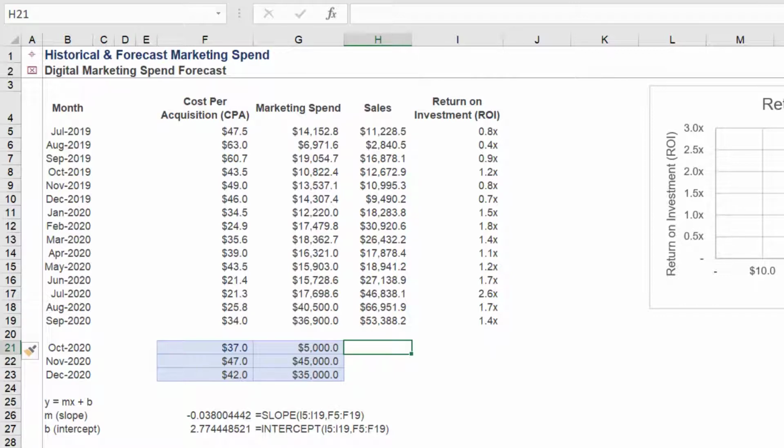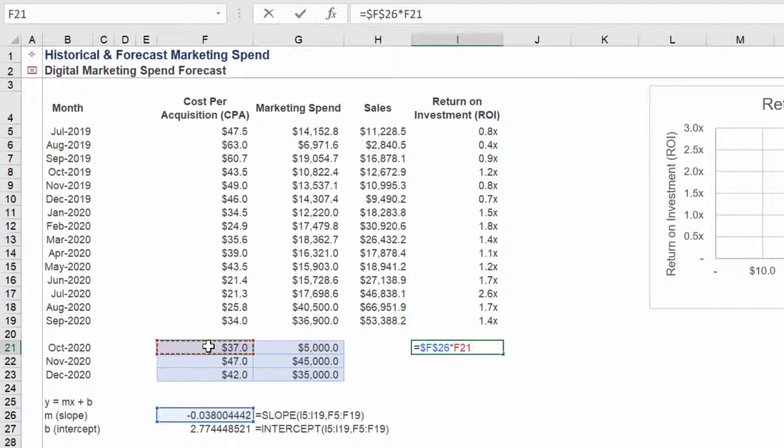We can now use the formula to project ROI. Let's calculate the ROI for October, which will be the slope times the CPA plus the intercept. Our pro forma ROI should be 1.4 times, which we can fill down for the other months.